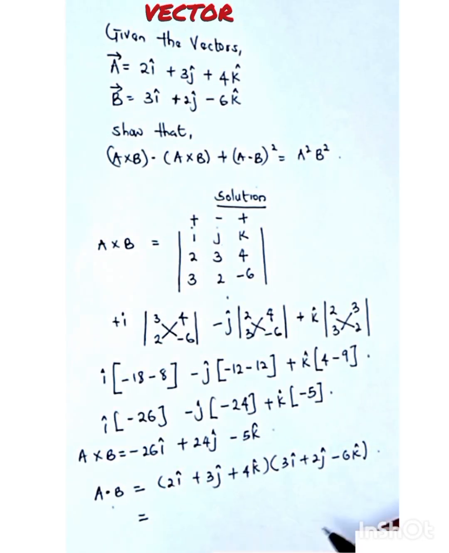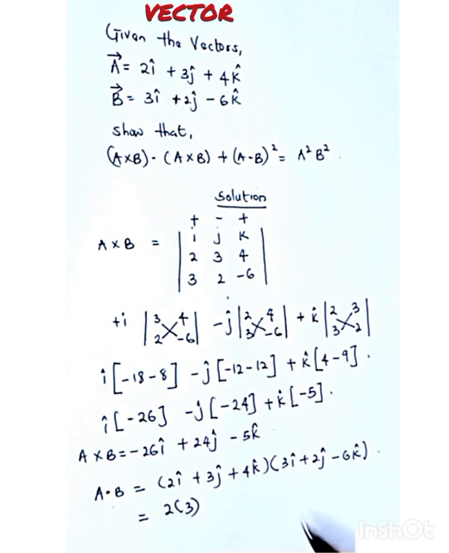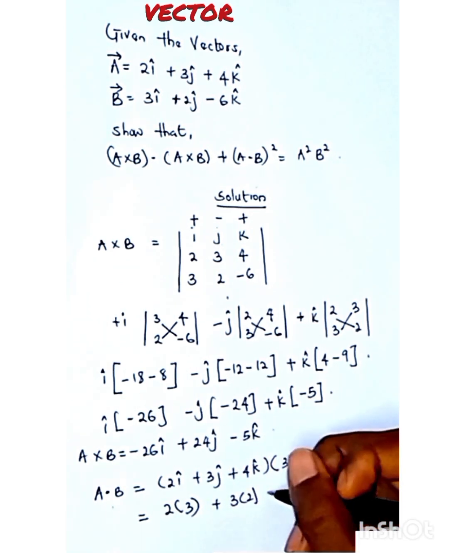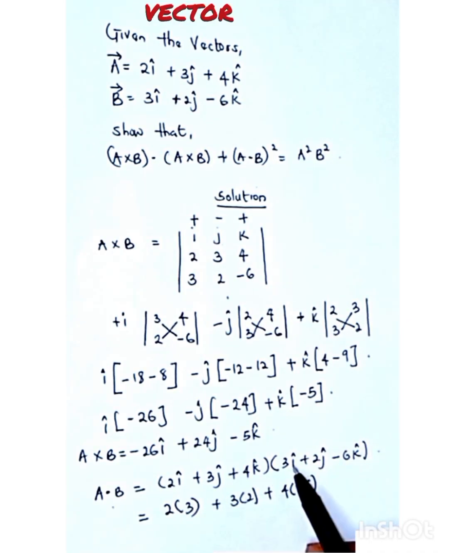It becomes 2 multiplied by 3, plus 3 multiplied by 2, plus 4 multiplied by minus 6, by their directions i and i, j and j, k and k.